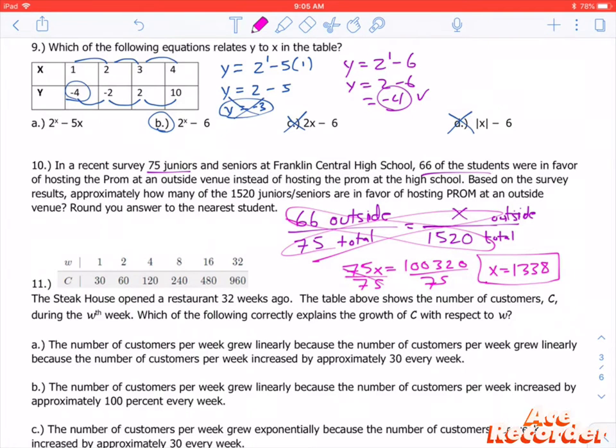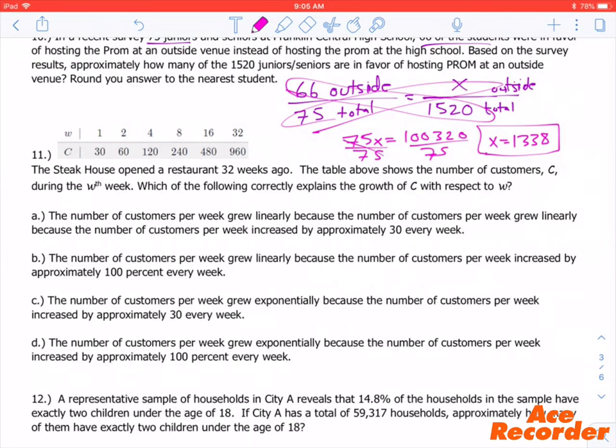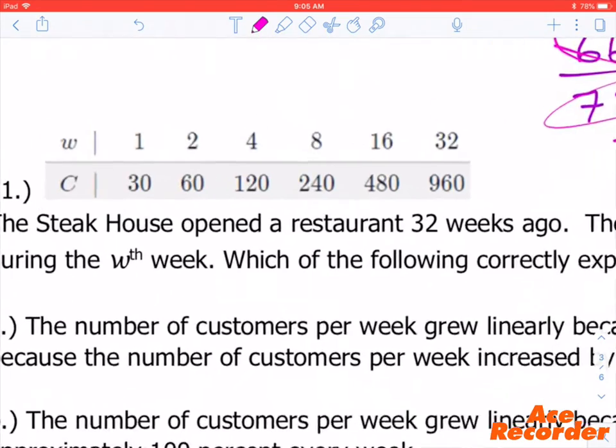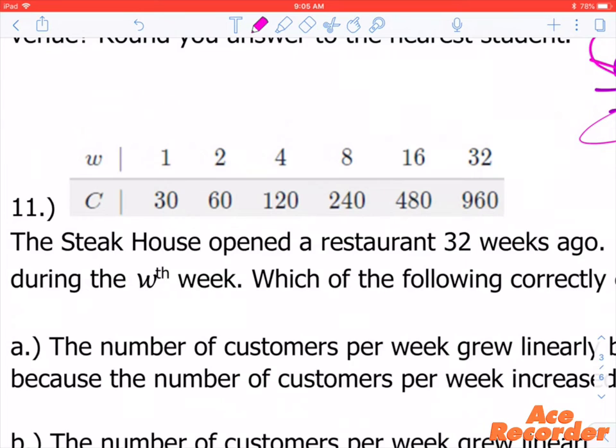So number 11, the Steakhouse, a restaurant, opened a restaurant 32 weeks ago. The table above shows the number of customers C during week W. Which of the following correctly explains the growth of C with respect to W? So, again, we want to check the change in y over the change in x. That's up 30 over 1, okay?